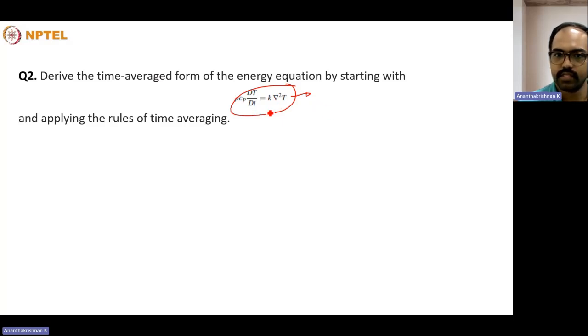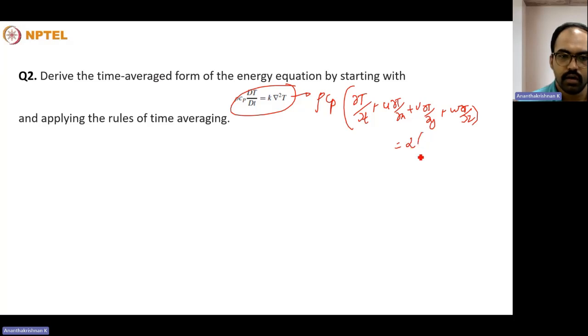So this particular term can be expanded as ρCp times D/Dt, written as ∂T/∂t plus u ∂T/∂x plus v ∂T/∂y plus w ∂T/∂z, equal to α times (∂²T/∂x² plus ∂²T/∂y² plus ∂²T/∂z²). So this is the convection term, and the right hand side is the diffusion term. And this is the non-conservative form.